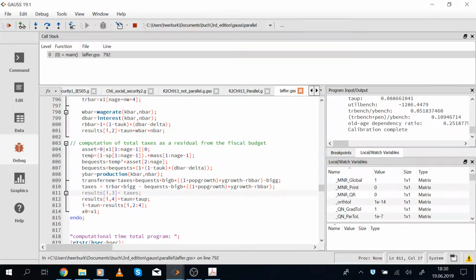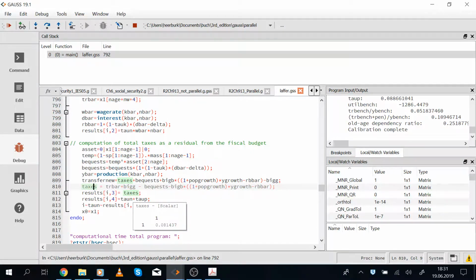So in line 809 we compute the transfers, and in line 810 we compute taxes from the government budget and store it in line 811 in the variable results.